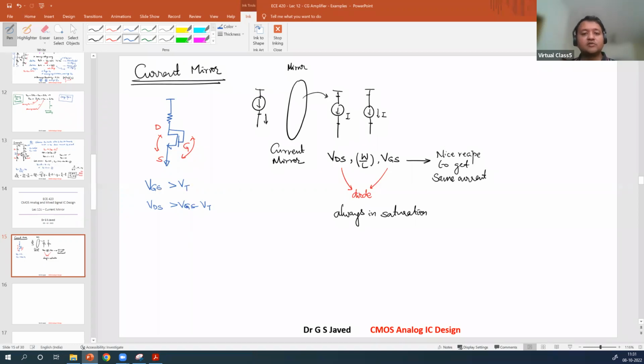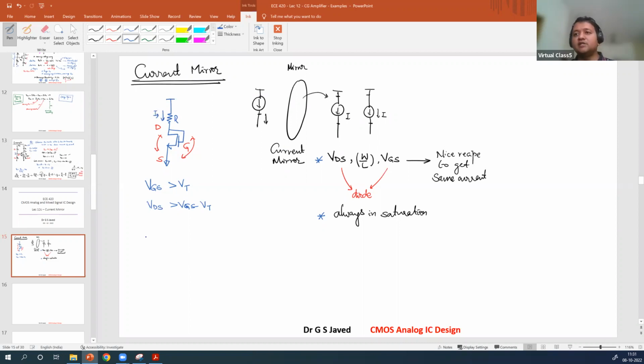So what comes next? Your VDS is the same, your VGS is the same, it is always in saturation. Then how does this mirror action happen? To find out, let's find the drain current through this resistor. What is ID?